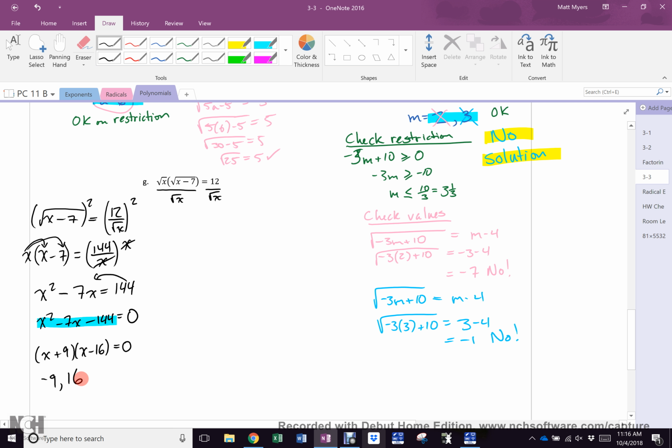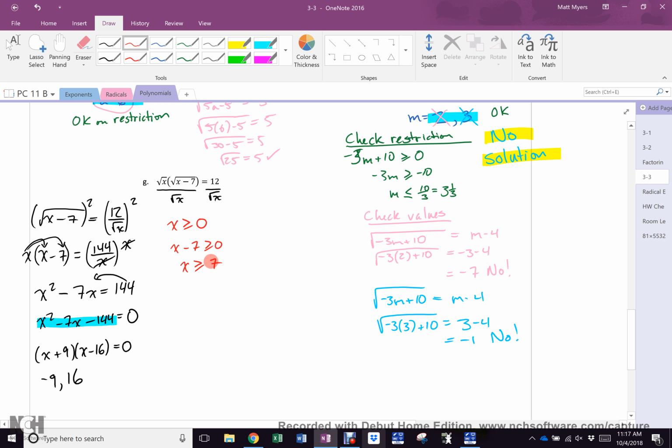Now let's check. All my radicands have to be positive, yes? So for that radicand, x must be greater than or equal to 0, correct? And for that radicand, x minus 7 has to be greater than or equal to 0. So x has to be greater than or equal to 7. So I have x is greater than or equal to 0 and x is greater than or equal to 7.